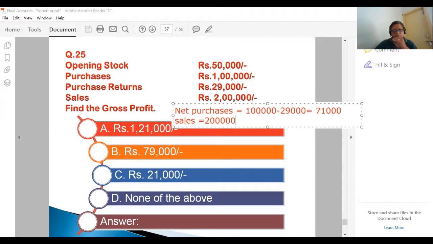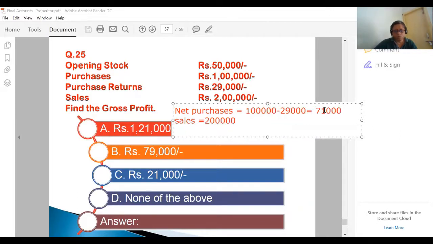So what is the gross profit? Opening stock plus net purchases, that is 1,21,000. So gross profit is equal to sales minus opening stock plus purchases.